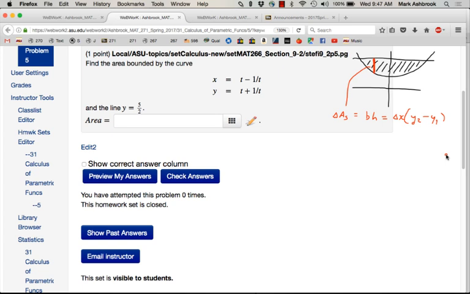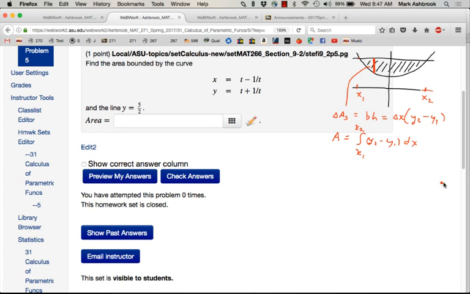And so our integral will be from, say, this is x1. So what will our integral be? From x1 to x2 of y2 minus y1 dx.